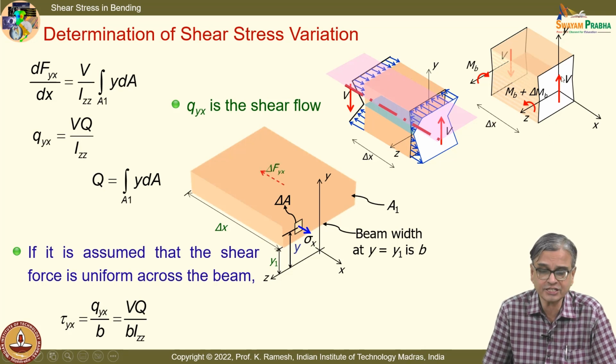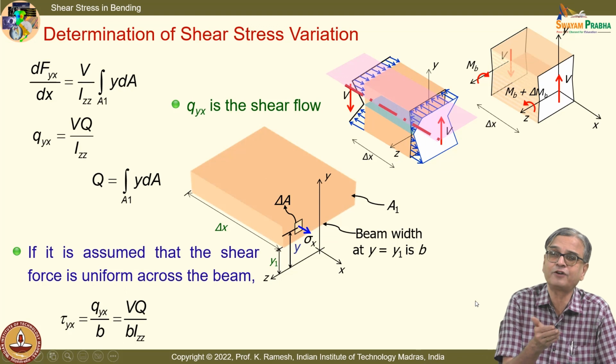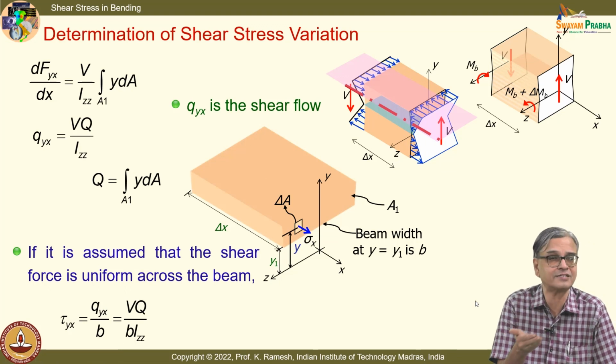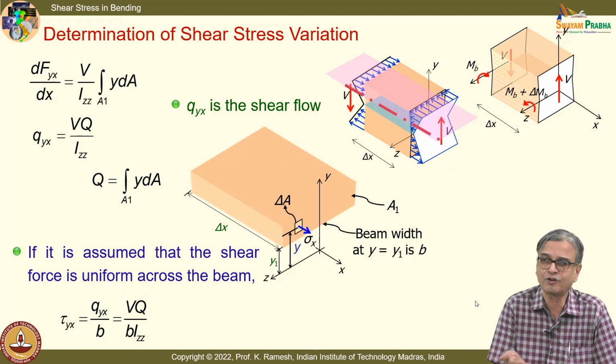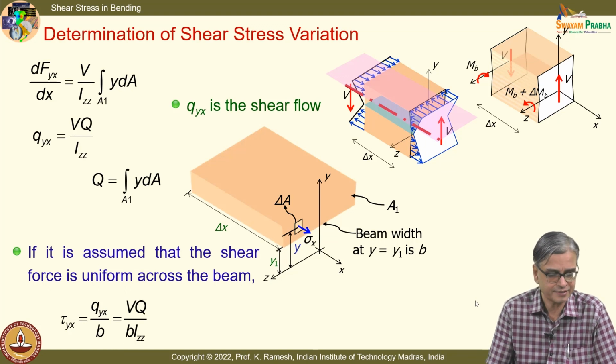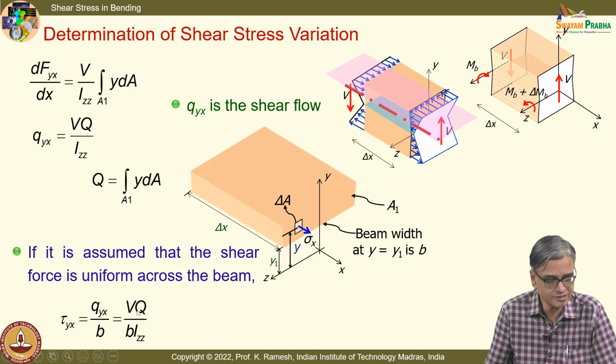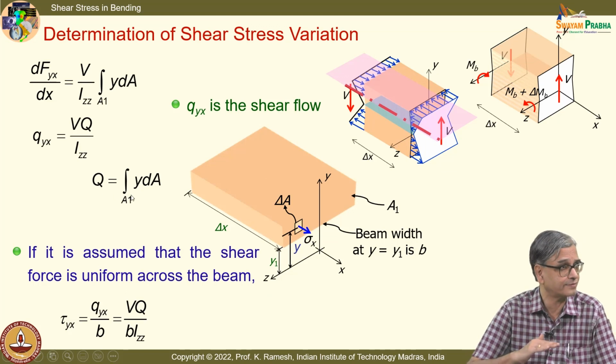For each cross section I should find out what Q is. Suppose I have a simple cross section, then if I write for a generic cross section, that itself can be extended to give what happens in the complete cross section. So, shear stress evaluation is very subtle and you have to keep calculating Q for every cross section you look at.